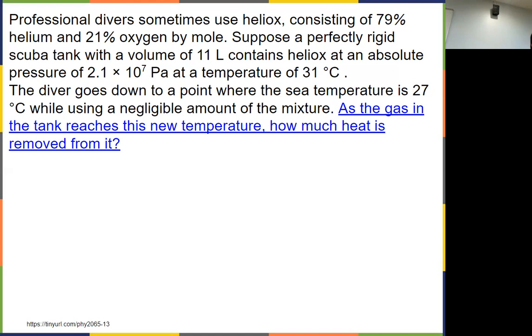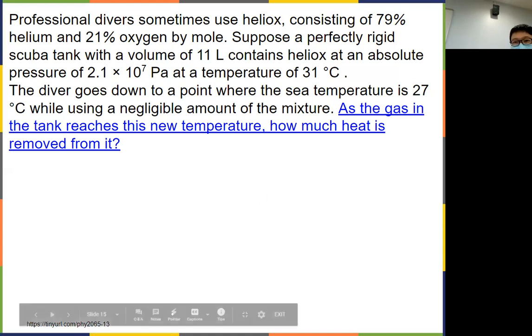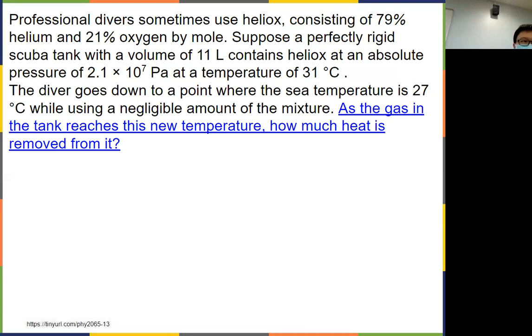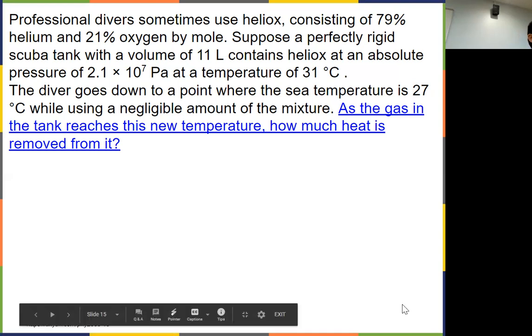For helium, it's He. It's a monatomic gas, so each molecule is just one atom itself. Now for oxygen, it's O2, so it has 2 atoms in a molecule. So it's a diatomic gas.